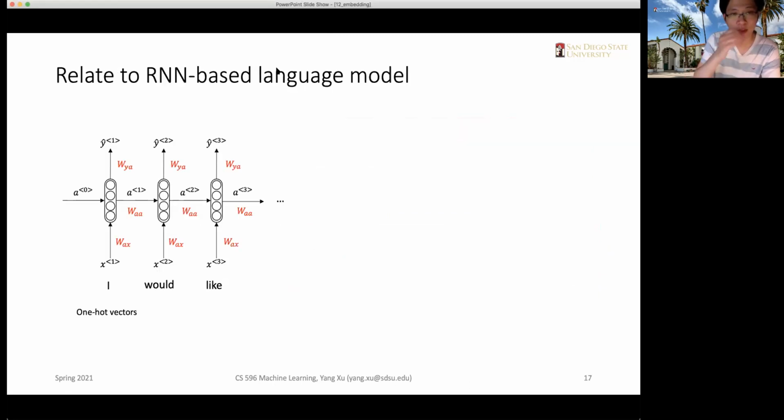All right, so it relates to the RNN model, the RNN-based language model. In the RNN model, we actually use one-hot vectors as inputs. And the recurrent structure is that the activations at the previous time step will be reused in the next time step.